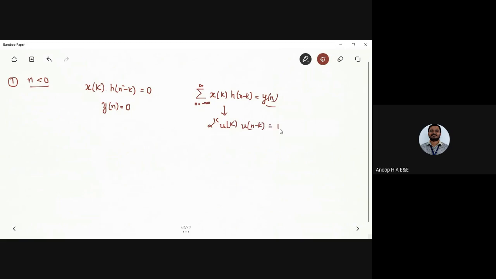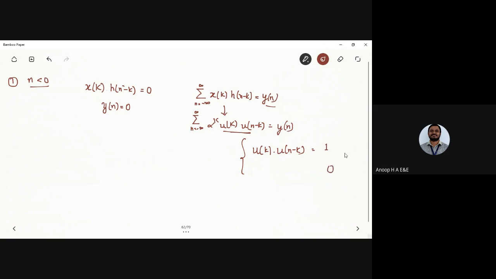Now I need to consider the terms u of k and u of n minus k, which will take values equal to 1 and 0.